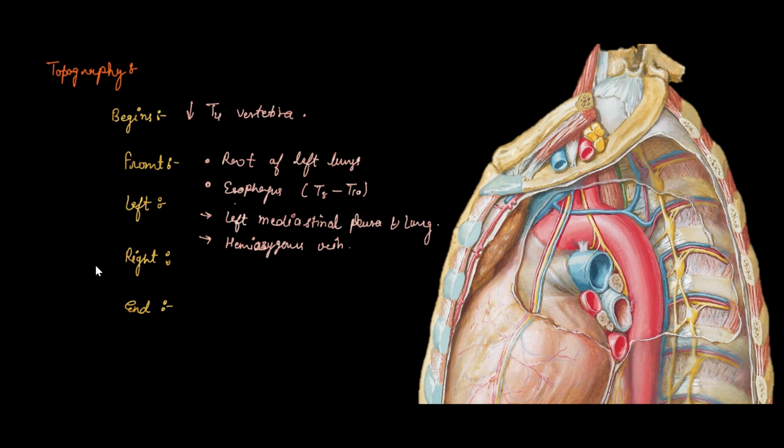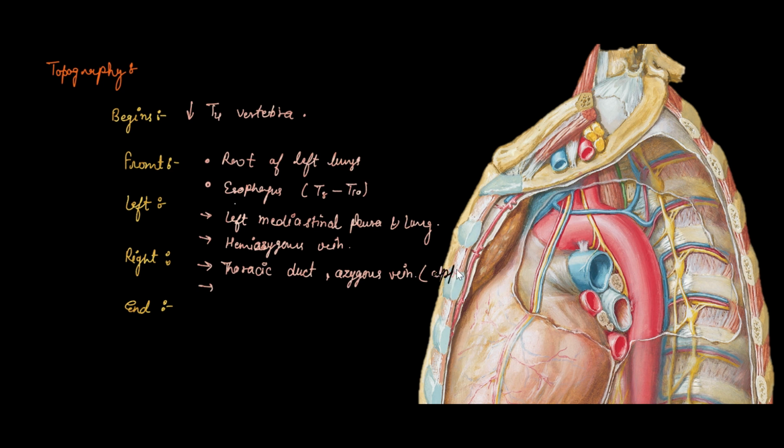Now on the right side, we saw that the right mediastinal pleura and the right lung were lying in the lower part of this thoracic aorta, and on the upper part of this thoracic aorta on the right side was lying the thoracic duct, and also the azygous vein, just in the upper part.